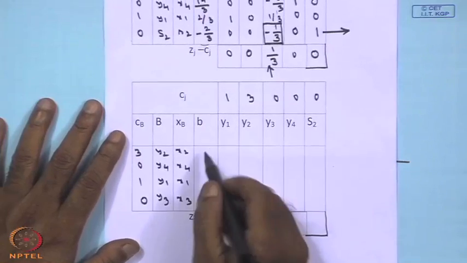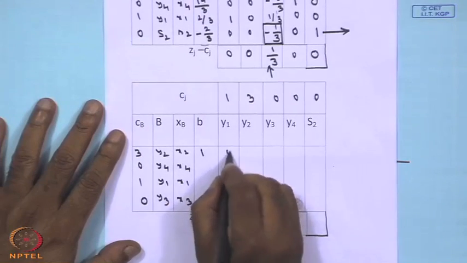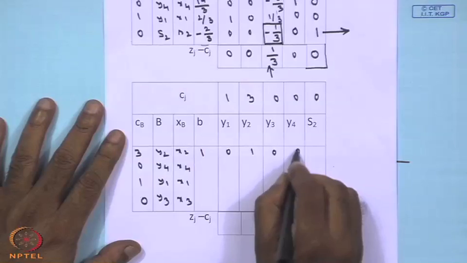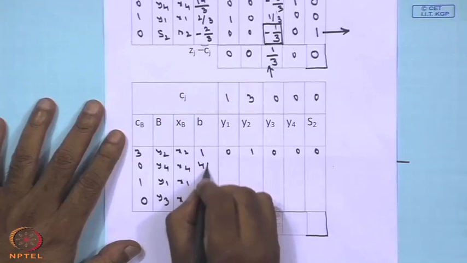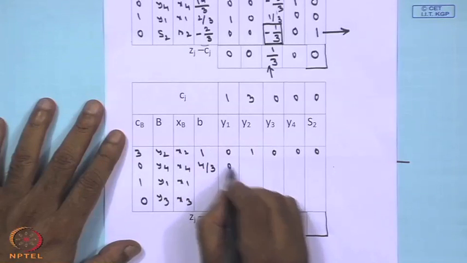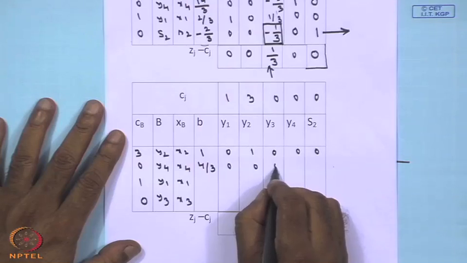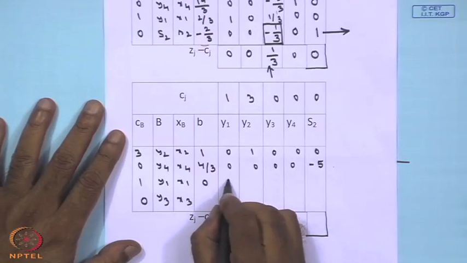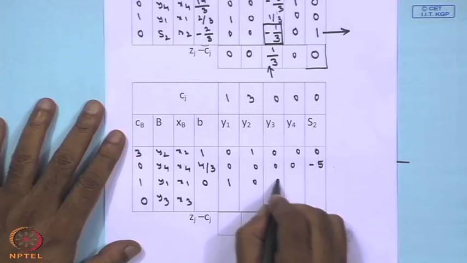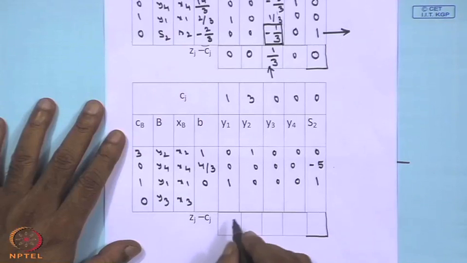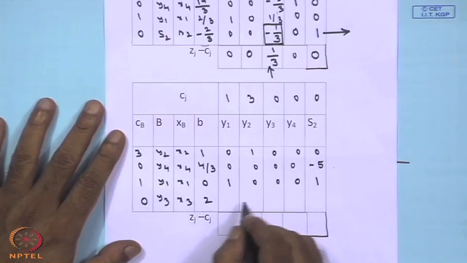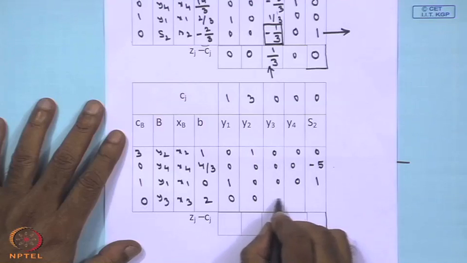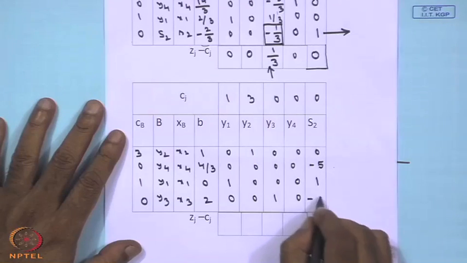I am directly writing what is the result: 1 0 1 0 0 0. Next one is 4 by 3 0 0 0 0 minus 5. This is 0 1 0 0 0 1, x3 is 2 0 0 1 0 minus 3.